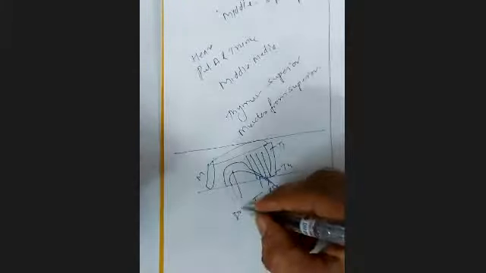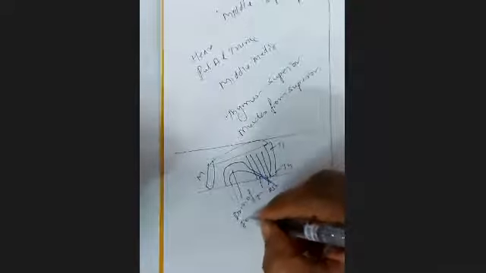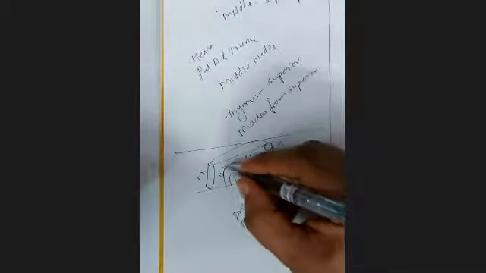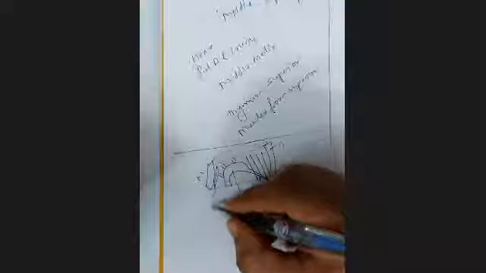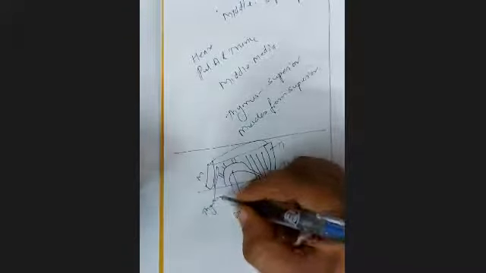So trachea, esophagus. Then the arch of aorta and its branches. What are the branches? The brachiocephalic, left common carotid, and left subclavian. Then what is there? Thymus.